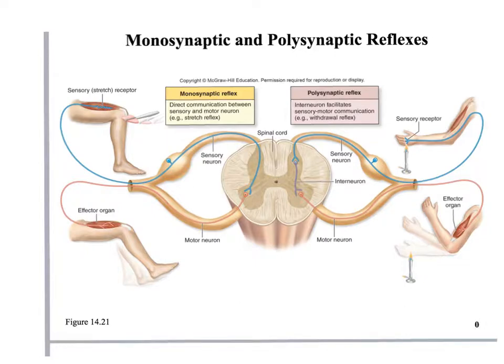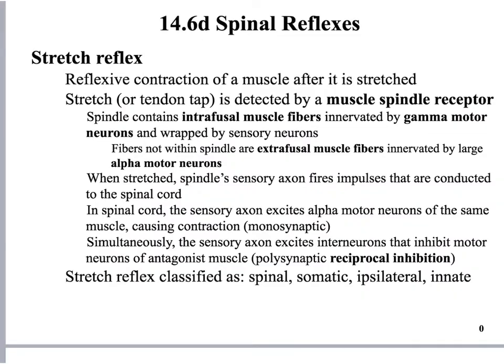Polysynaptic: we have sensory receptor, interneuron, so 1 synapse, 2 synapses, effector moves. An example of the stretch reflex is when you hit the patellar tendon, which you did in lab. That's a monosynaptic reflex, while the one I've been talking about, putting your hand over a hot flame, is polysynaptic. The withdrawal reflex is a polysynaptic reflex.